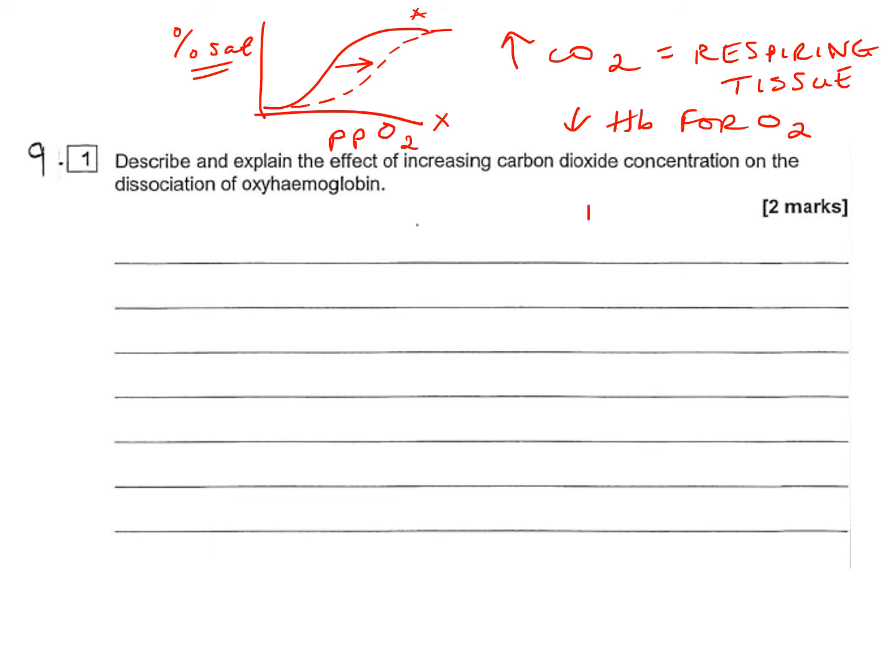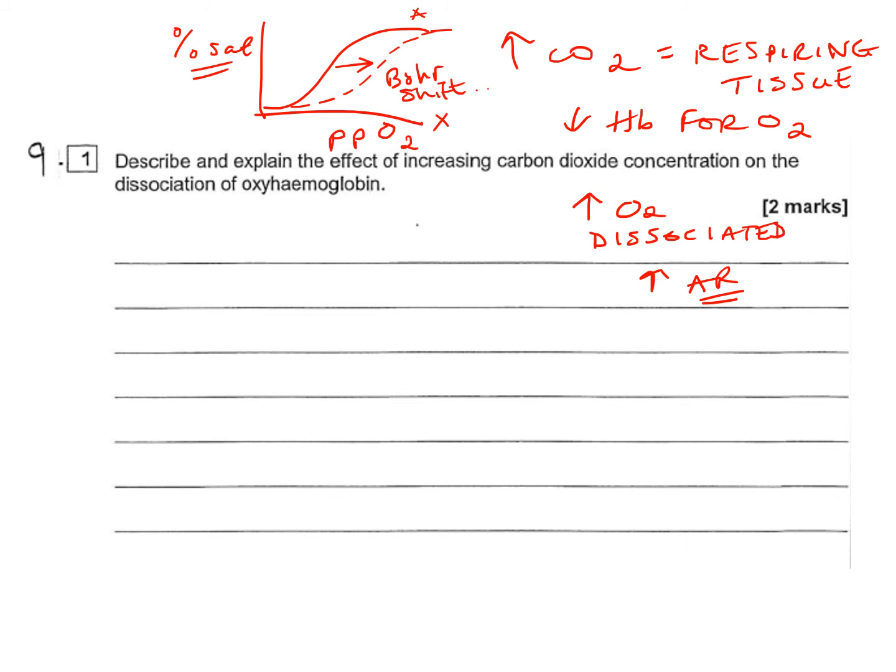So more O2 is dissociated, and that allows, this is just a bit of annotation, more aerobic respiration. So this is the Bohr shift.